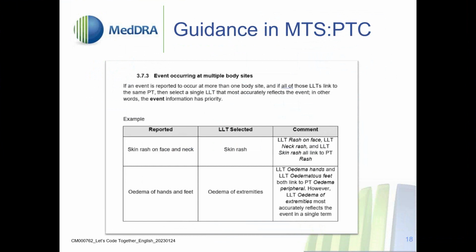And since the LLTs pain in joint involving hand and knee pain, or aching in knees, are both grouped under PT joint pain, they can be coded to the LLT which is identical to this PT. There's no LLT that would capture any timing information.